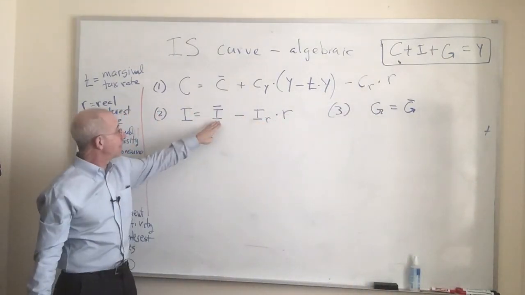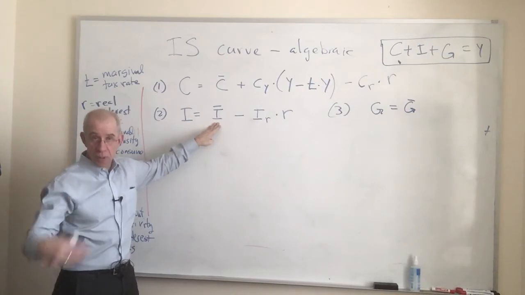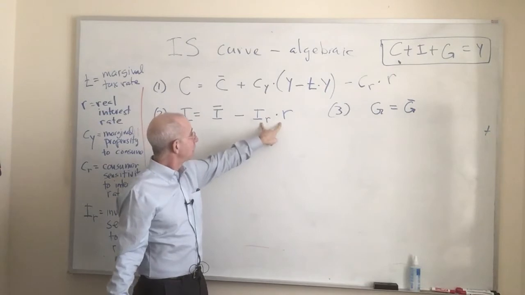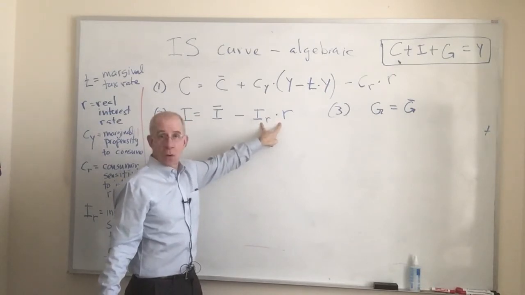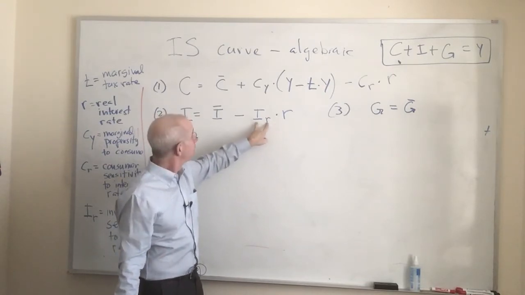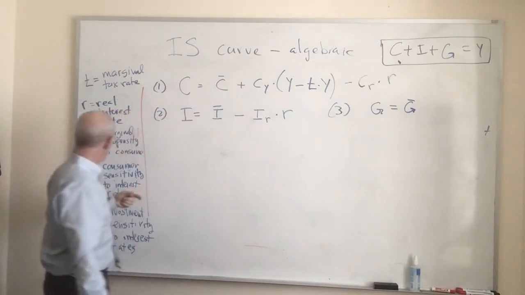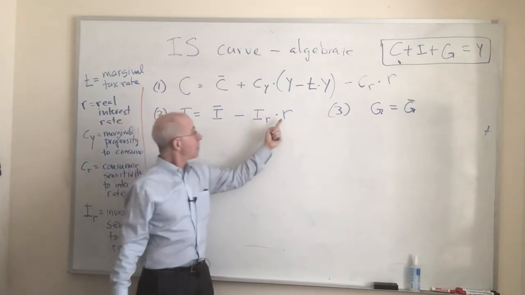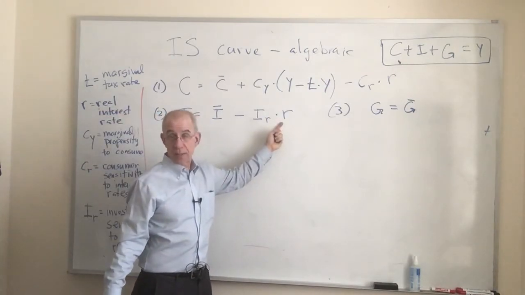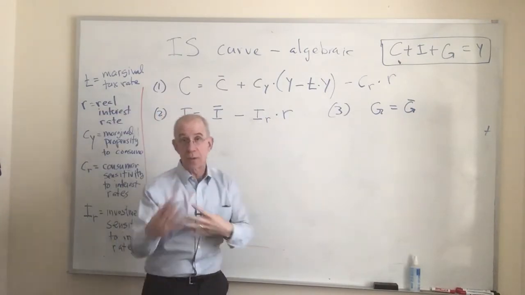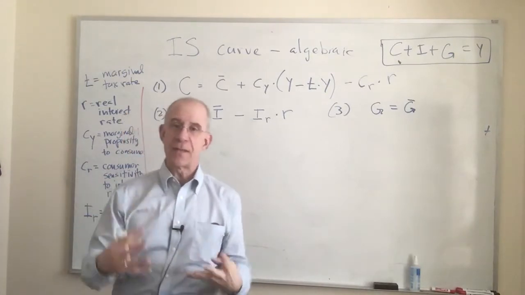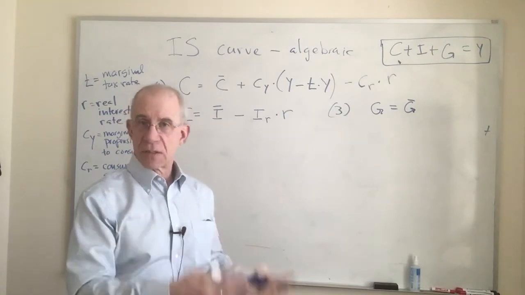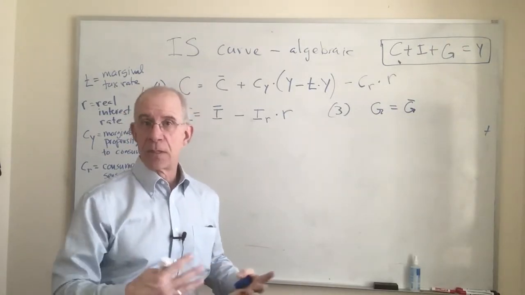Investment is going to have, again, some autonomous level, which is going to be related to sentiment, as we're going to see, minus a component that reflects how sensitive investment is to interest rates, multiplied times the interest rate that's actually seen in the market. So this reflects how investors will change their borrowing to expand factories.